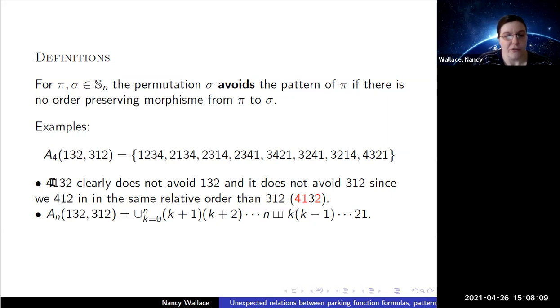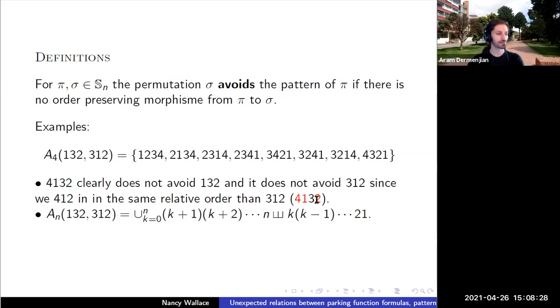So clearly 4-1-3-2 does not avoid 1-3-2, but it also does not avoid 3-1-2, since the 4-1-2 in it, can you see my cursor when I move it like this? Yes? Okay.